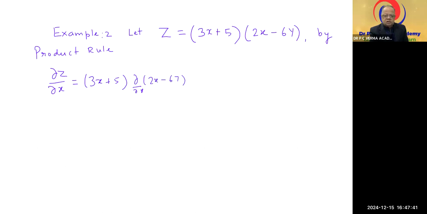Thereafter plus, now this will be as a constant here, 2x minus 6y, and this will be with respect to x, differentiation, 3x plus 5. We will solve it.